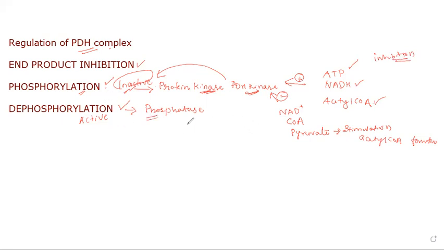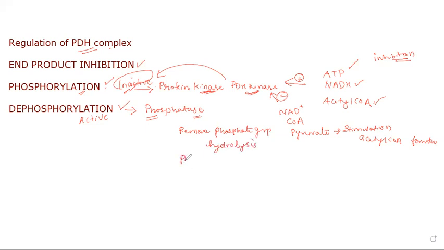Dephosphorylation is carried out by the enzyme phosphatase. This phosphatase removes the phosphate group by hydrolysis from the PDH complex.